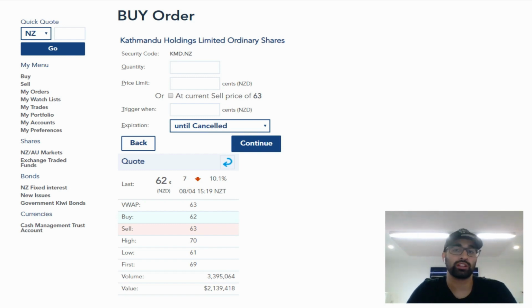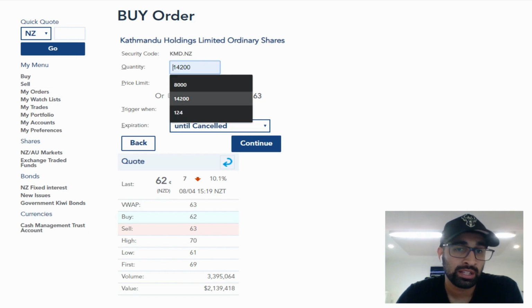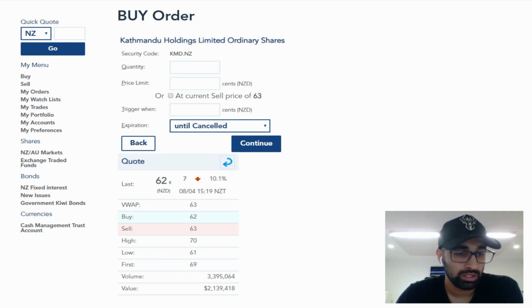With me, the way I place a trade or size up my position, I like to do it in an increment, like $1,000 worth or $3,000 worth. Let's give an example here. Kathmandu. I want to buy $5,000 worth at 63 cents, but it's asking for quantity.